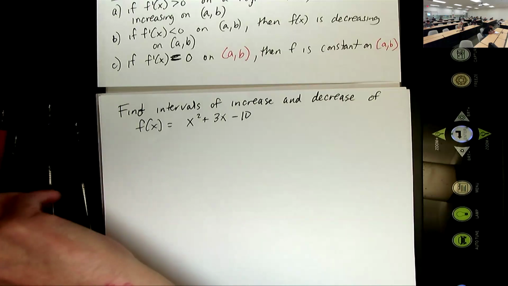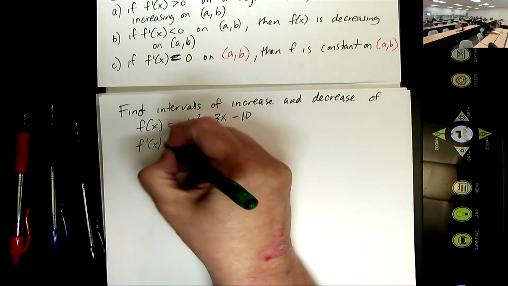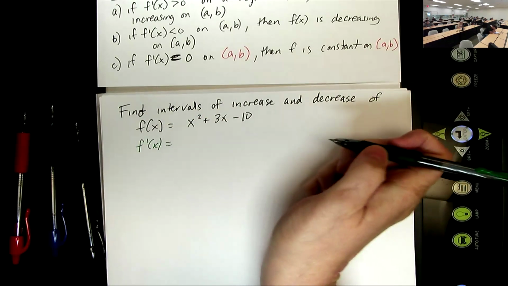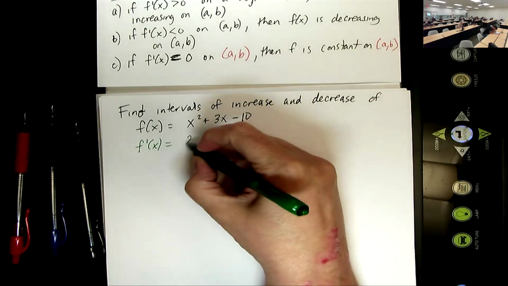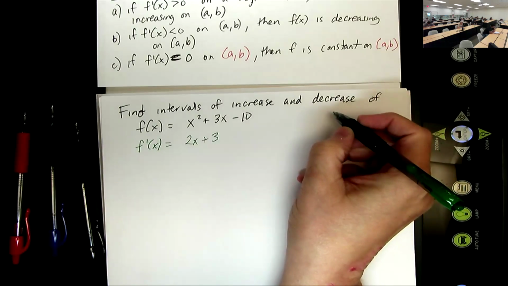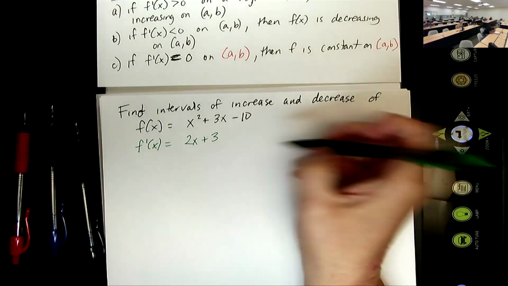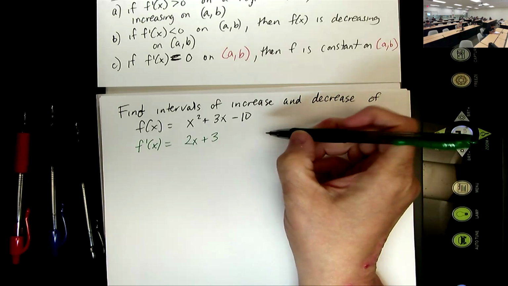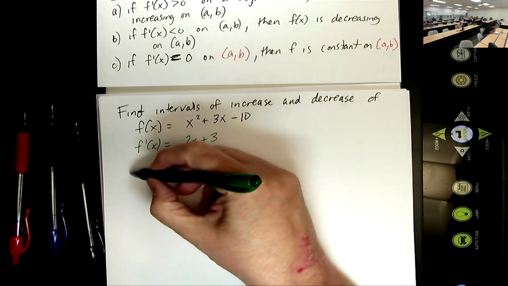So what we'll do is we'll take the derivative. What is the derivative? 2x plus 3. And what we're gonna do is, okay, we wanna find regions where it's positive or negative, we need to do a sign chart. So let's make a sign chart.